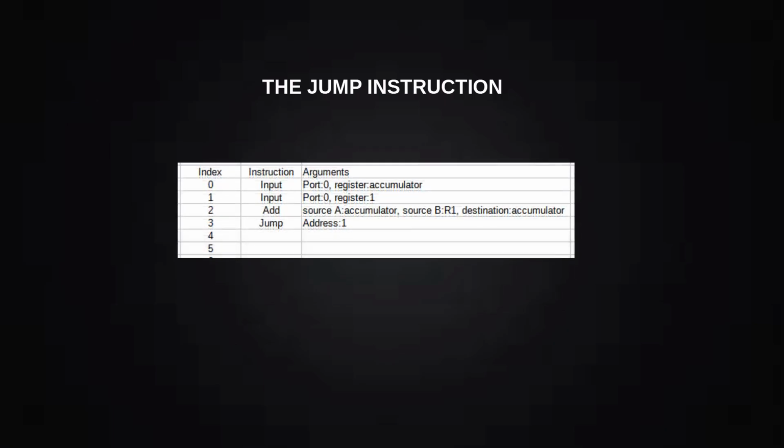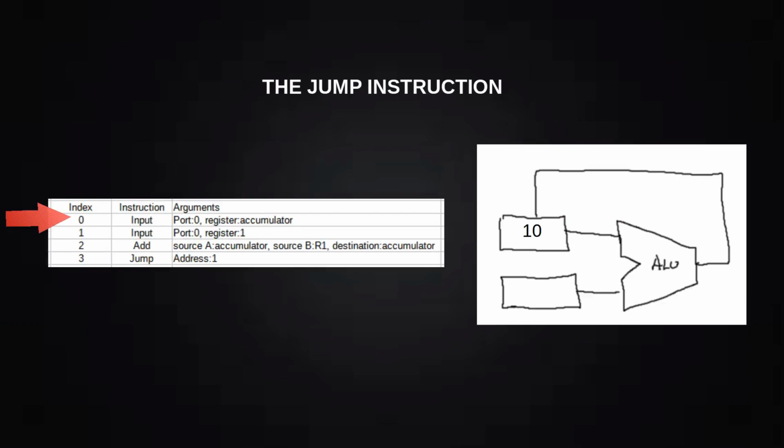This instruction, appropriately enough, is named the jump instruction, and when the program encounters this instruction, instead of progressing to the next instruction, it progresses to the instruction pointed to by the data field. In this example, instruction 0 loads a number from I/O and saves it to the accumulator.